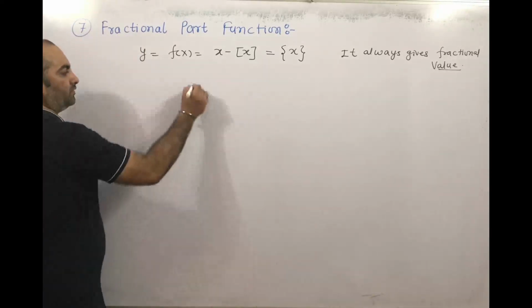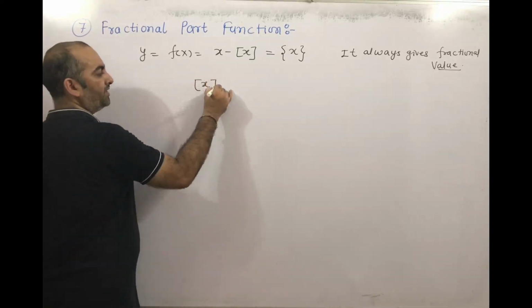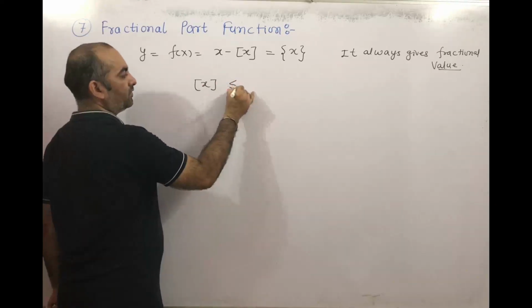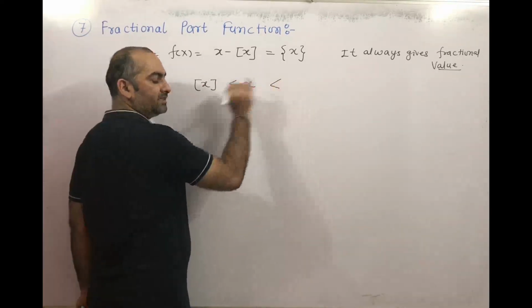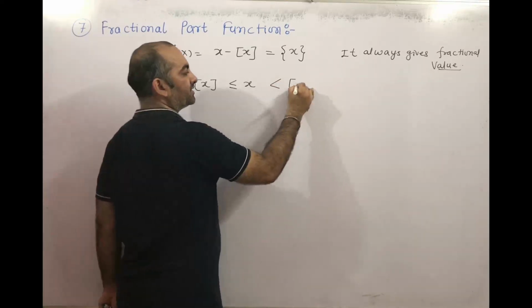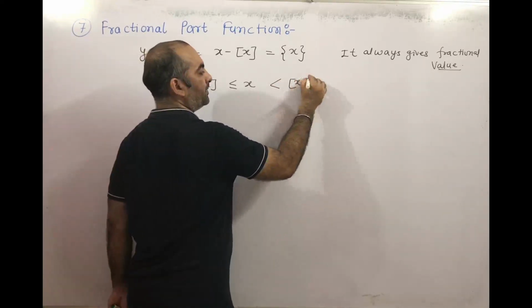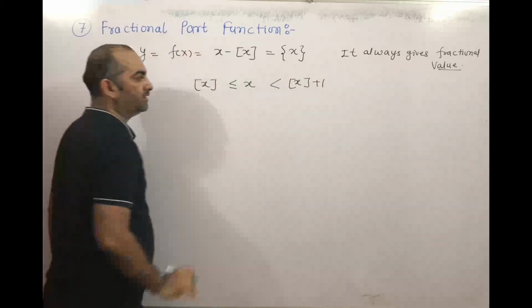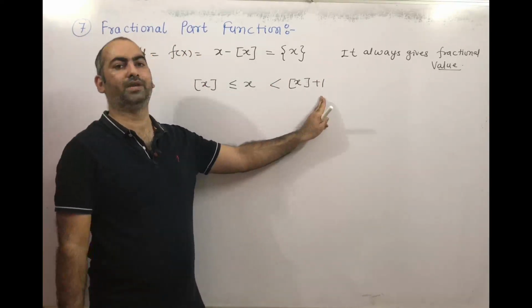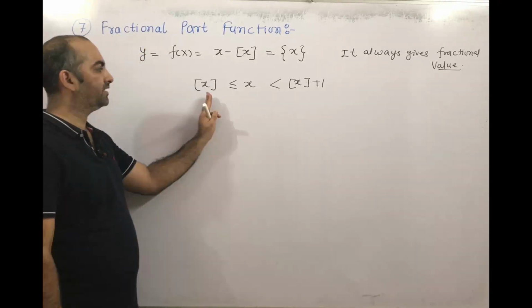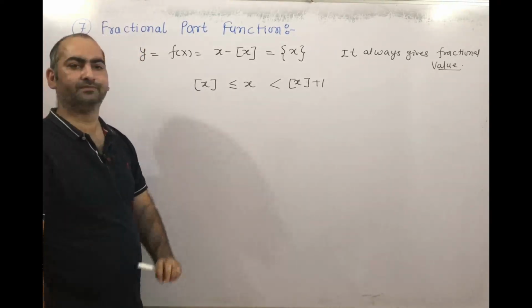The greatest integer of x is always less than or equal to x, and this x is always less than the greatest integer of x plus 1. Correct? So x is always less than the greatest integer of x plus 1, and it is always greater than or equal to the greatest integer of x.